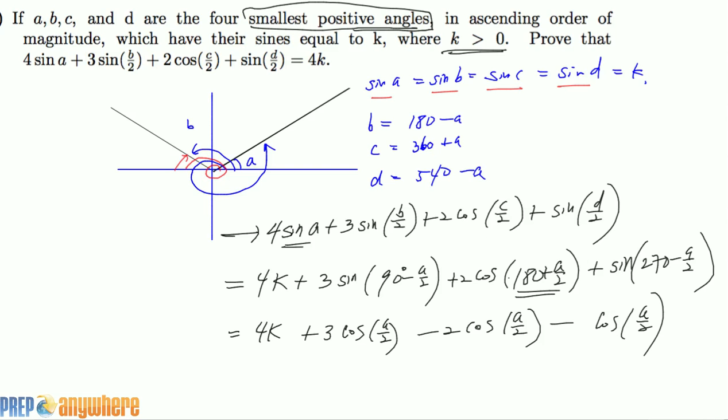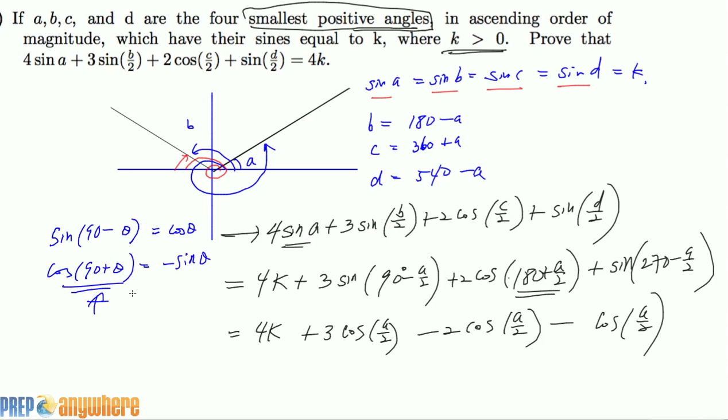I always find that students have a hard time recalling the cofunction identities they learned. So we have sine of 90 minus theta is equal to cosine of theta, or cosine of 90 plus theta is going to be minus sine of theta, because this represents the second quadrant.